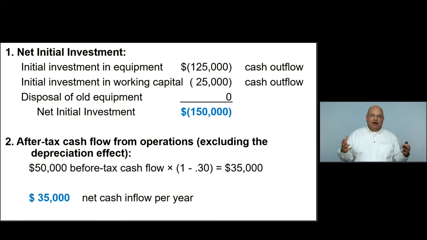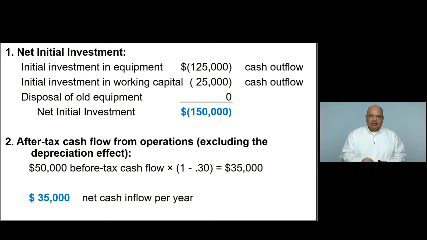So however we want to do the math, the 50,000 times 1 minus 30%, we have $35,000 of net cash inflow per year after tax. And it's that after-tax number that we care about. So we've got $150,000 out the door at the beginning, and $35,000 coming in every year from this project.